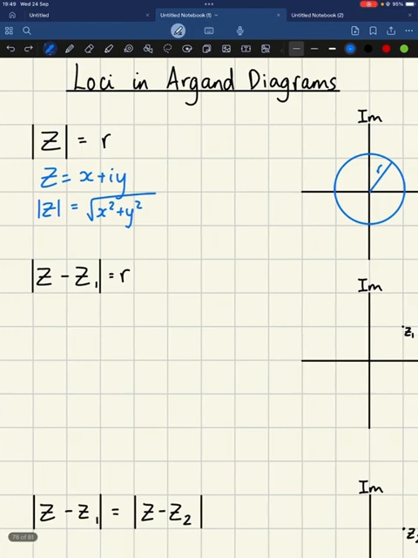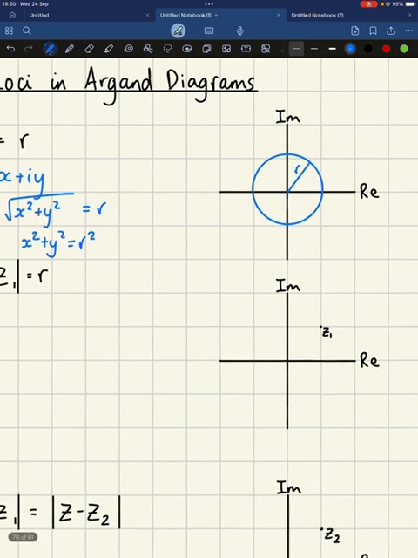Square both sides, we get x squared plus y squared equals r squared, which is the equation of a circle centered at the origin with radius r.